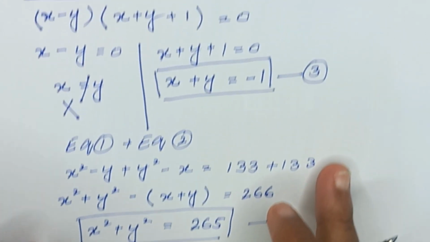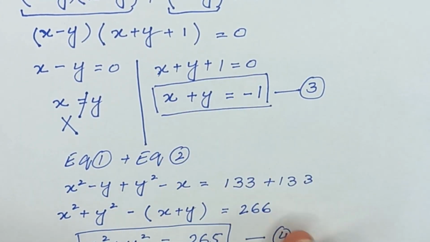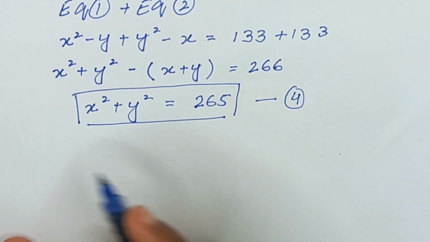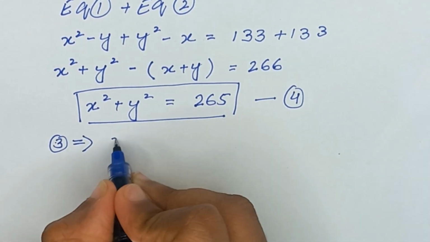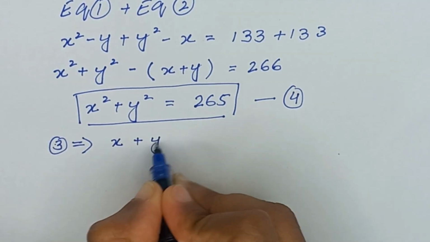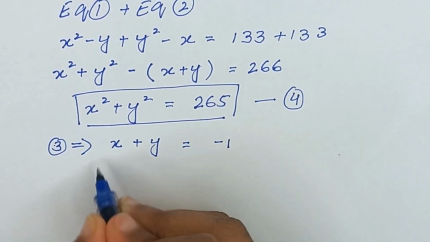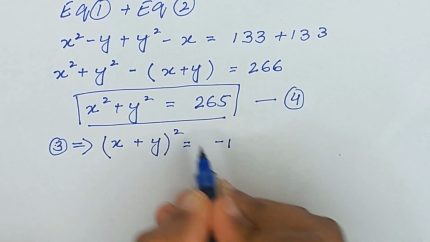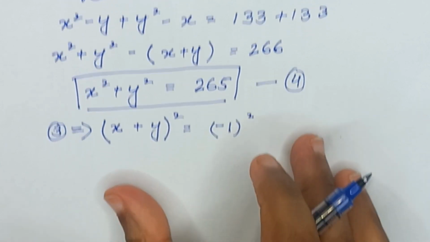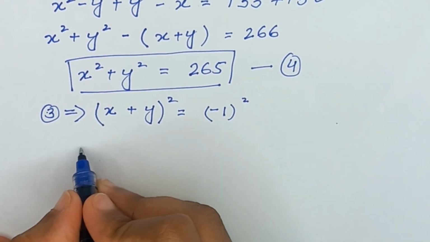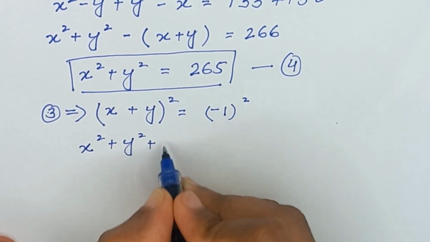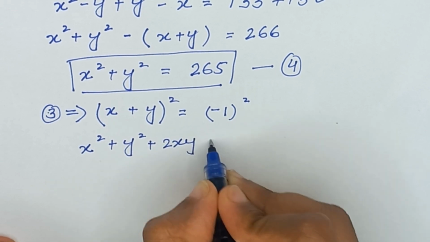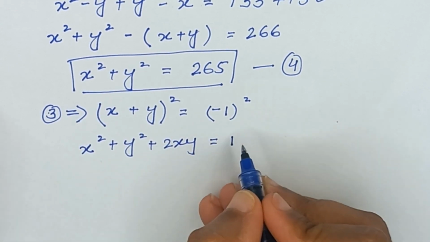Now I will use equation number 3, which is x plus y is equal to minus 1, and applying square on both sides, it will become x square plus y square plus 2xy is equal to 1.